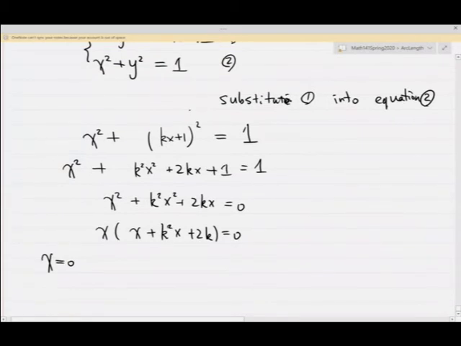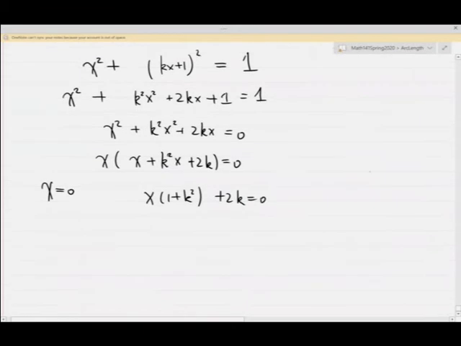So you see in this case, the other root satisfies x times (1 plus k squared) plus 2k is 0. k is fixed. So you solve for x, and x is negative 2k over 1 plus k squared.